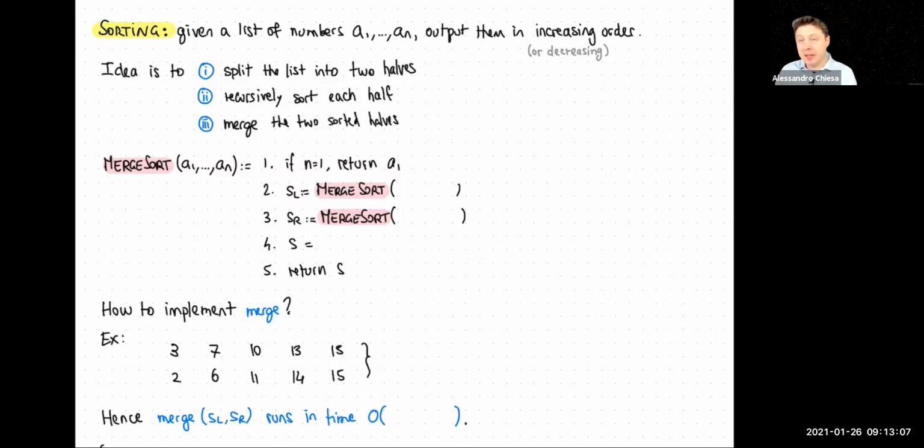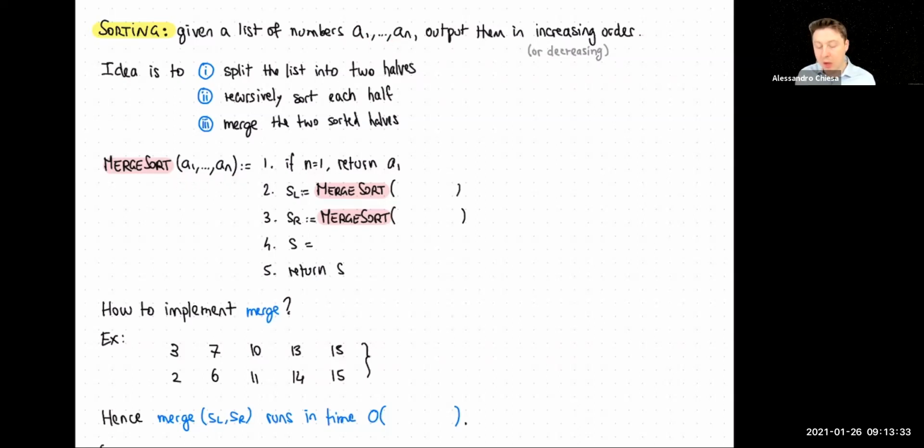To some extent, these 3 steps are basically a precise specification of the algorithm. But just in case there is some doubt, let's fill in also the pseudocode, just to be more precise. So we define a recursive procedure called merge sort. It receives the n numbers to sort.